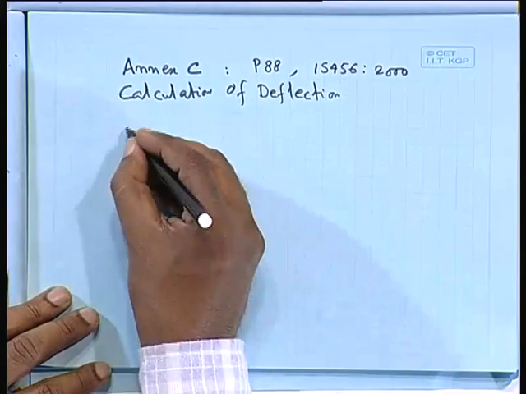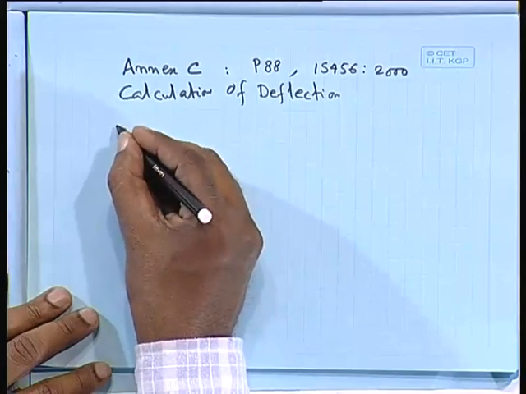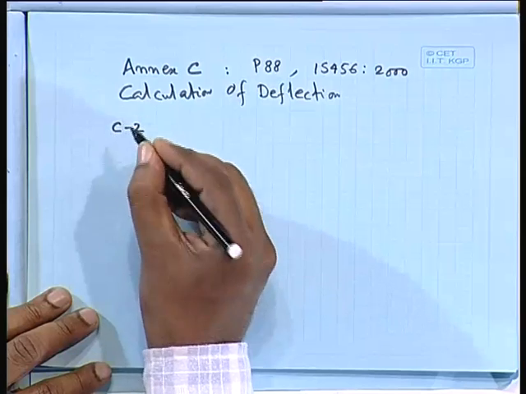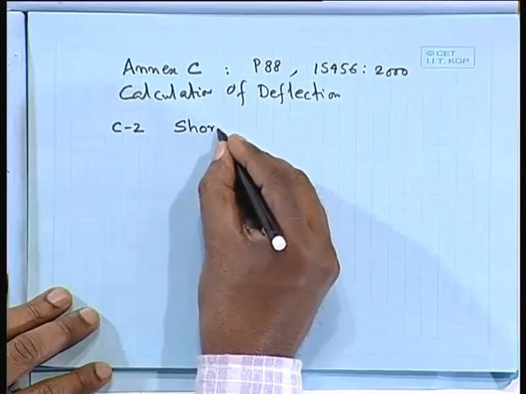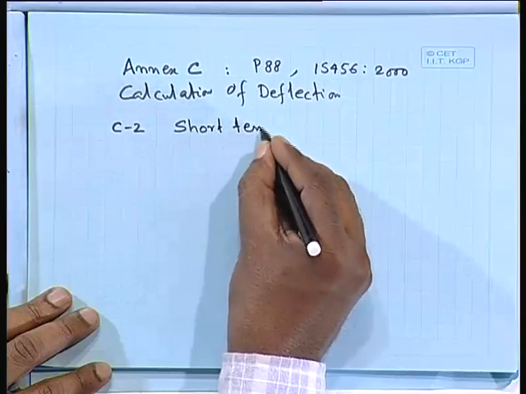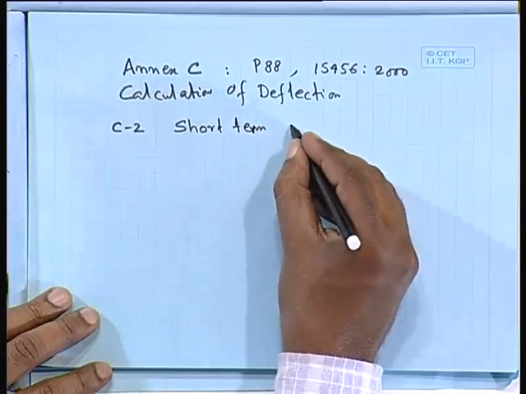There is one term, clause C2, that is short term deflection.